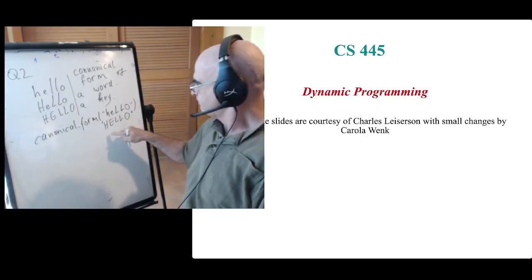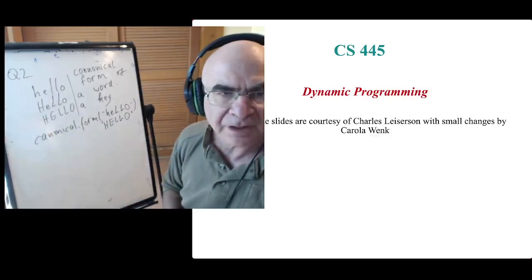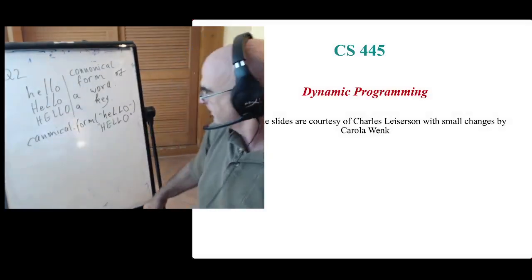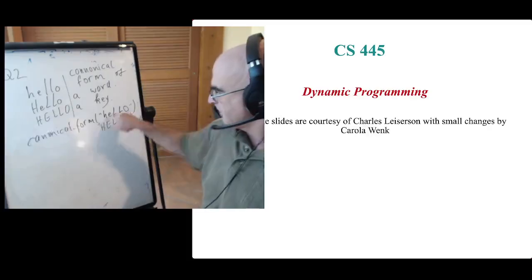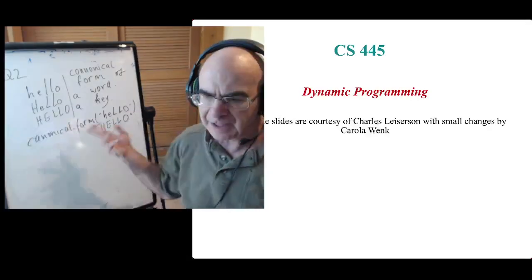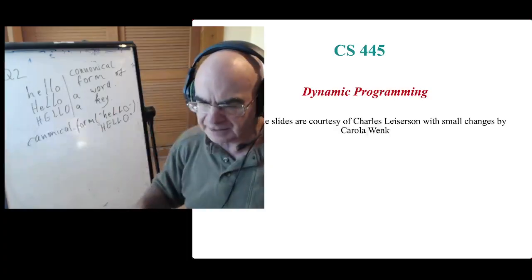Or I'll always decide that the canonical form of a word will be to write this word using capital letters. Or decide that the canonical form of a word is always using small letters. Or decide that you'll alternate between the letters. It's entirely up to you.